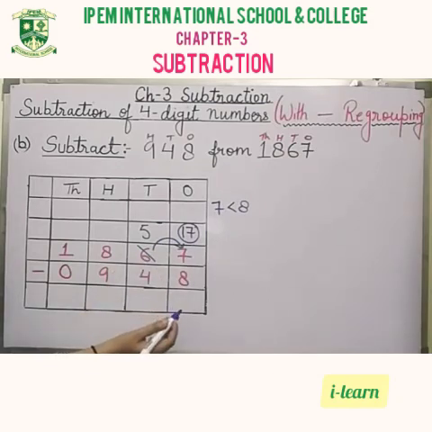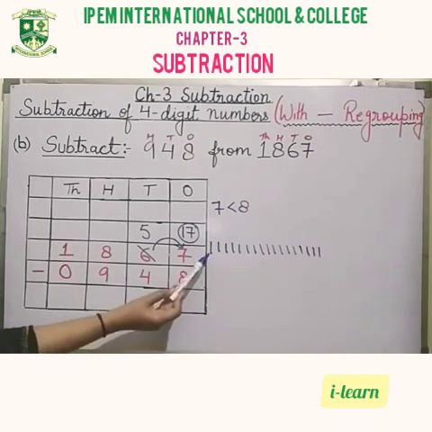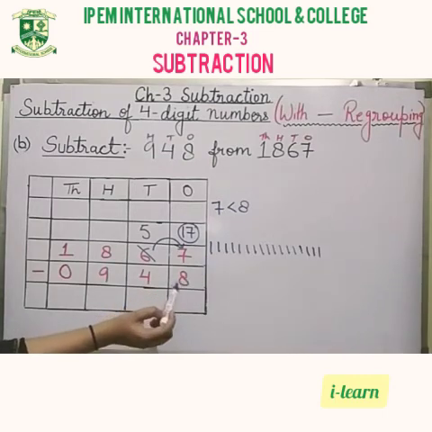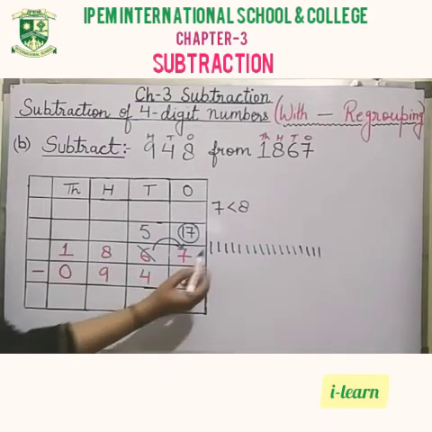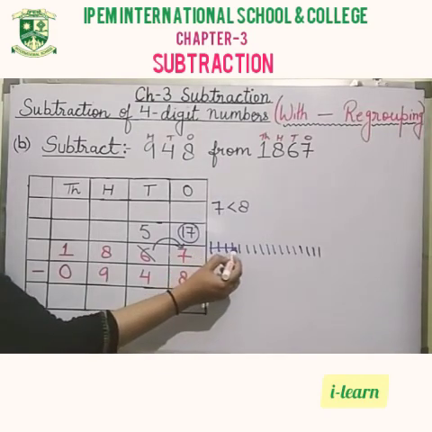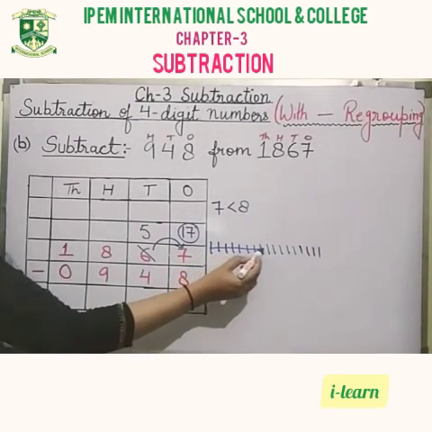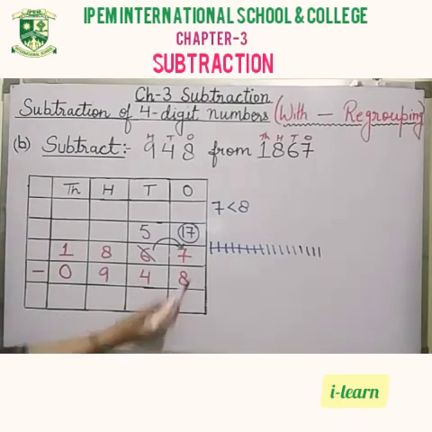What will be the difference? We will draw 17 lines, and from these 17 lines we will strike off 8 lines. So how many lines are left over here? 9 lines are left. So the answer is 9.